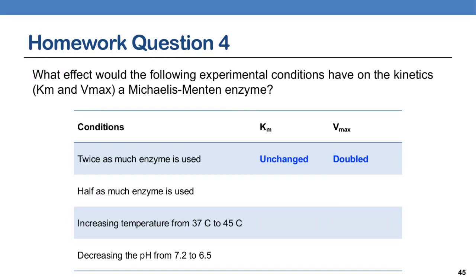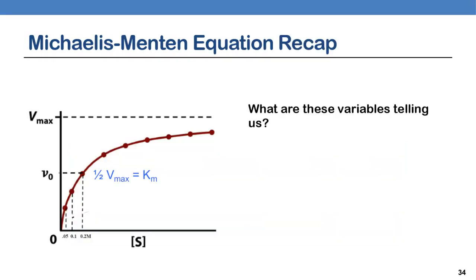Someone's saying the Vmax is not twice the Km. Okay, wait. We're going to go back for a second. Hold on. So if we go back to our curve, this is going to be a constant concentration of enzyme. So our enzyme is going to stay the same, but you're increasing the amount of substrate.